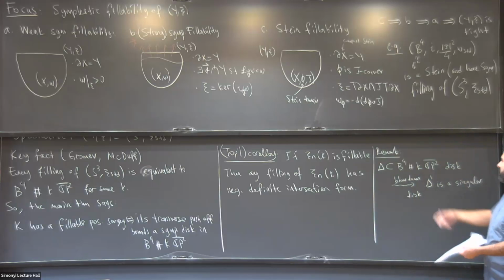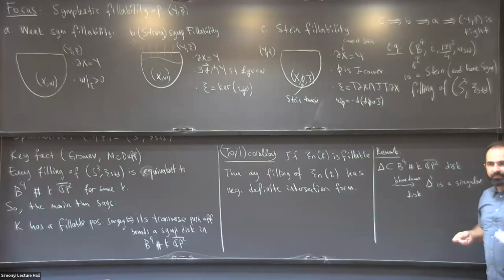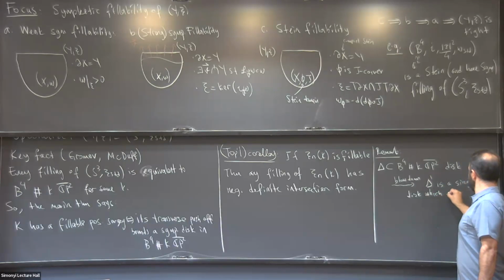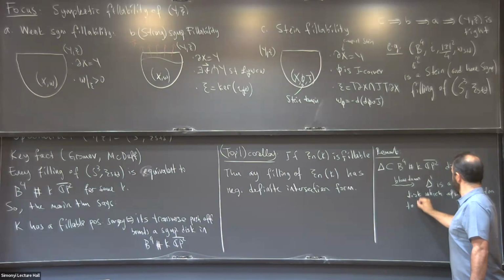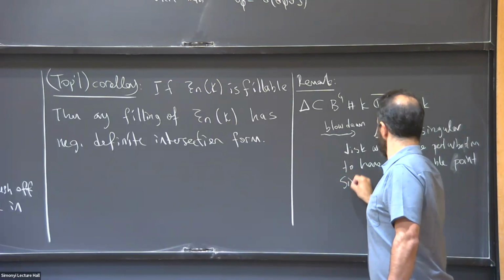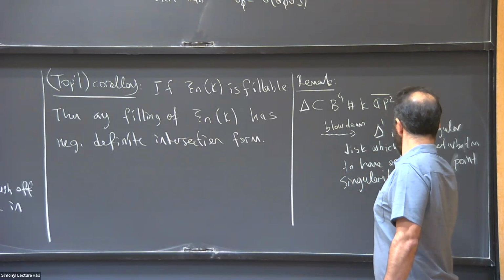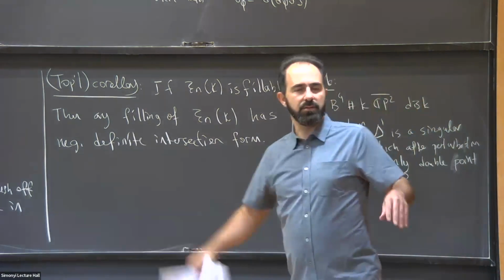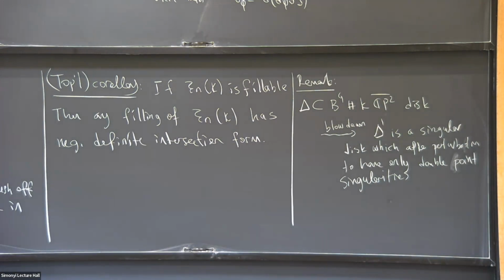This will be nothing but certain multiple points with some order. But you can always perturb the disk, which after perturbation can be assumed to have only double point singularities. Maybe you have a singularity of order 3, you can perturb it and obtain 3 double point singularities.